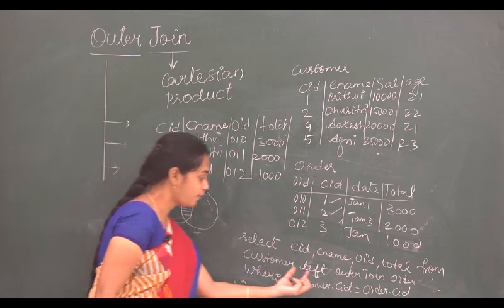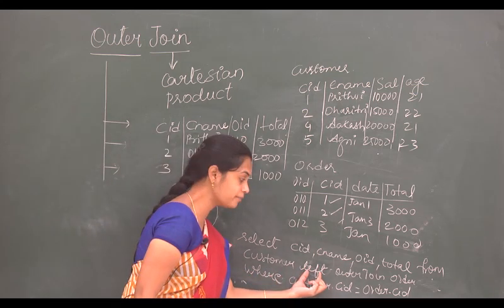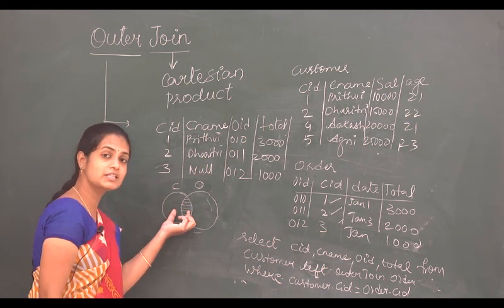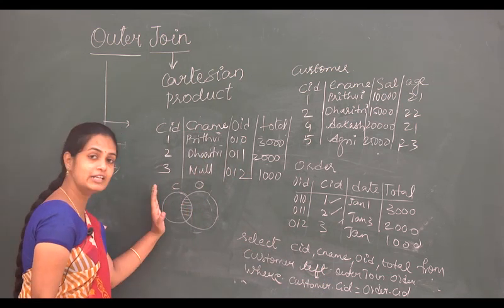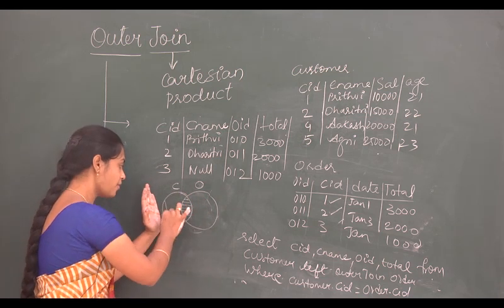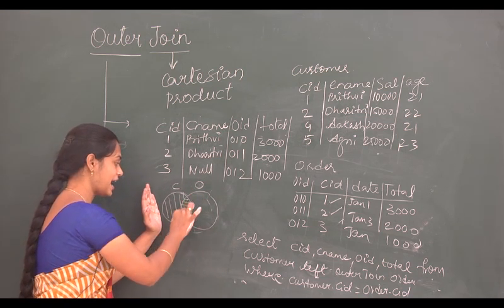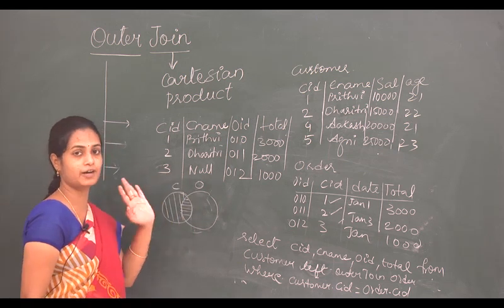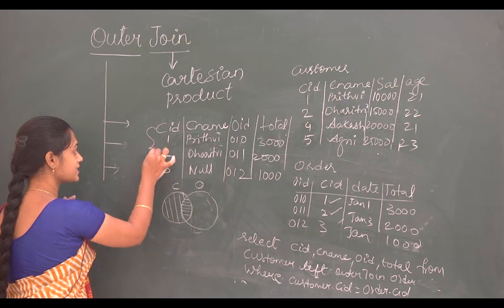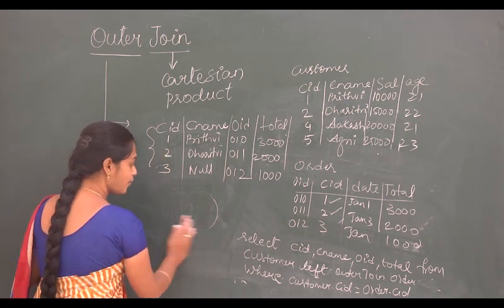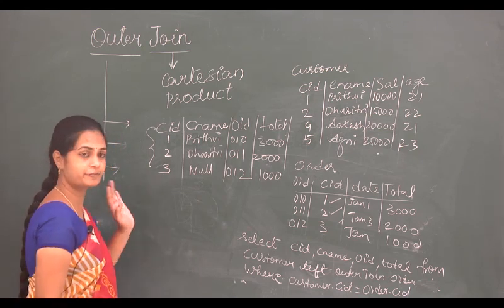And we are performing left outer join, which means the data in the left table will be preserved. So other than these common attributes, whatever values you have on the left side will be covered. Okay, so this is the resultant of the right outer join, and now we will see the resultant of the left outer join.